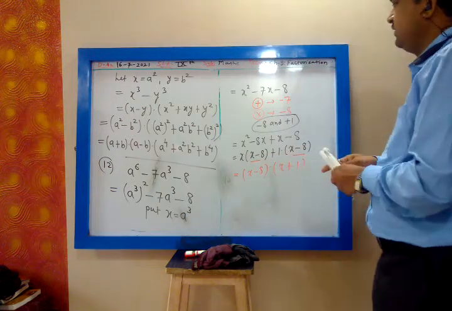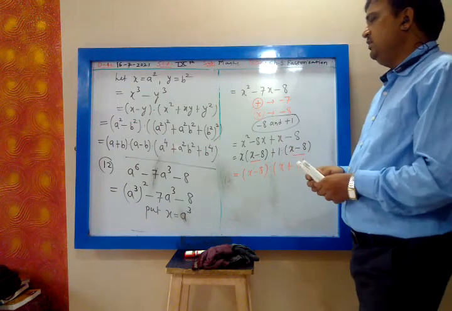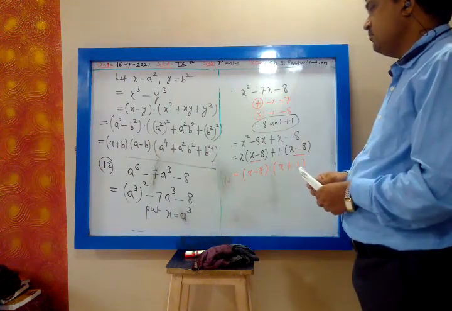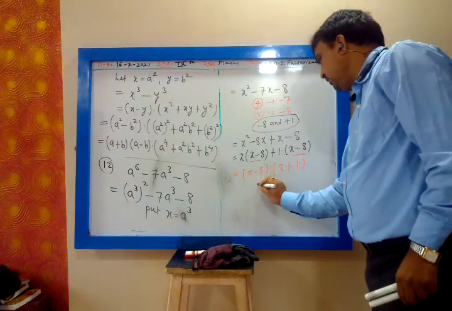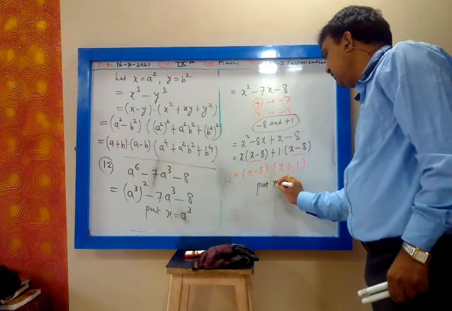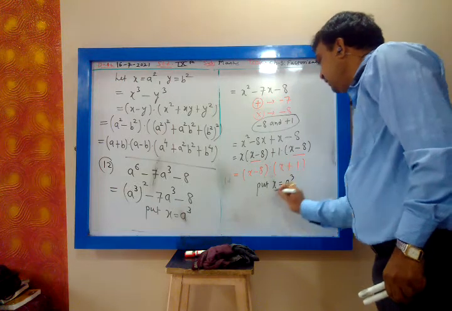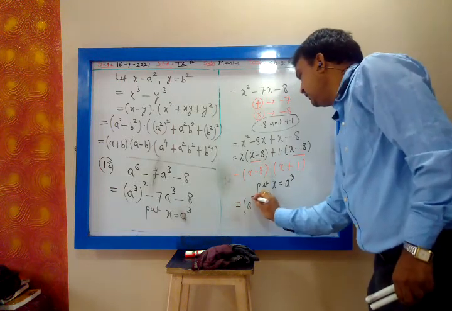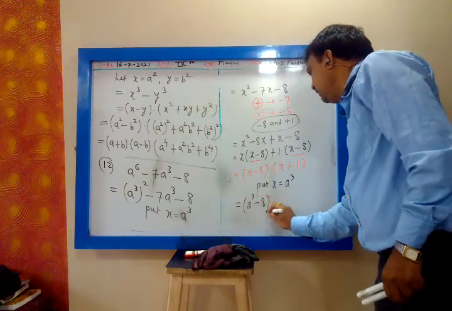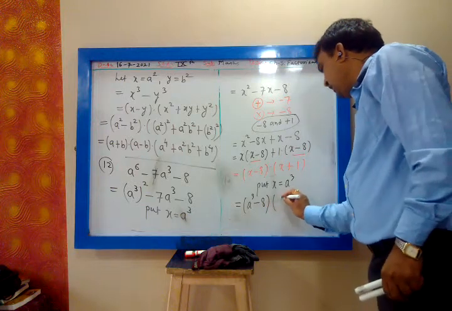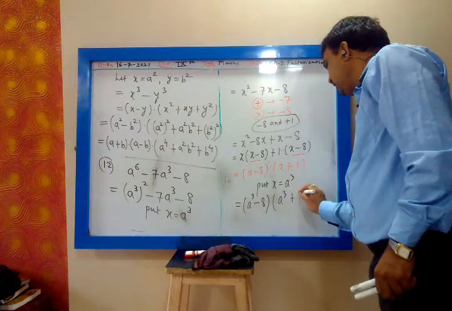Put the value of x. So put x is equal to a cube. You will get (a cube minus 8) into (a cube plus 1).